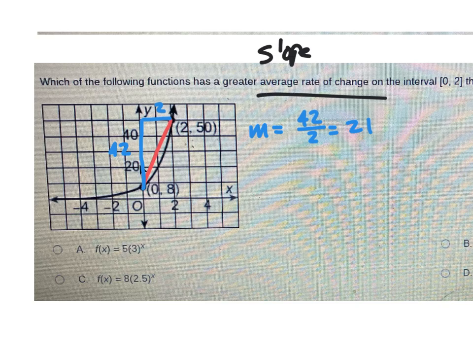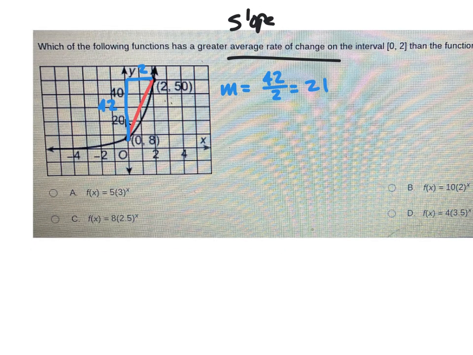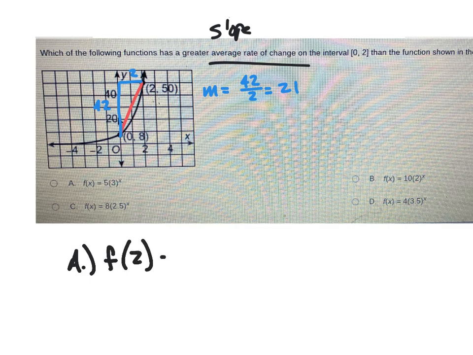Now, the next thing we can do is calculate the slopes over the interval from 0 to 2. How I would do that in part A, I'm just going to go one at a time because I don't think A is an answer, but let's try that. I'm going to find f of 2 minus f of 0 over 2 minus 0.